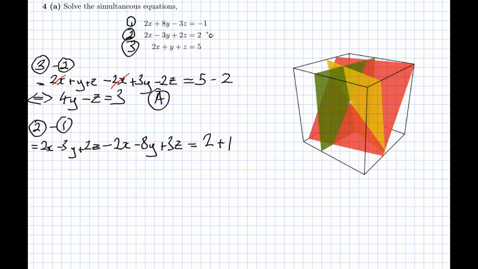Again, minus minus, and these are just the right hand sides of equations 2 and 1. So again, my x's are going to cancel with each other. So I'm left with minus 11y plus 5z, and that's equal to 3. So I'm going to call that one equation B.